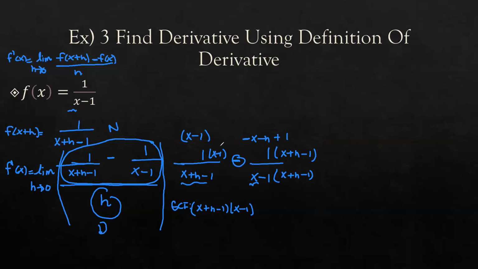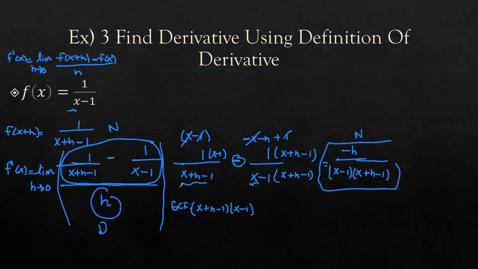What do you see that cancels? The x's and the 1's. So you're left with negative h over x minus 1 times x plus h minus 1. This is just your numerator.